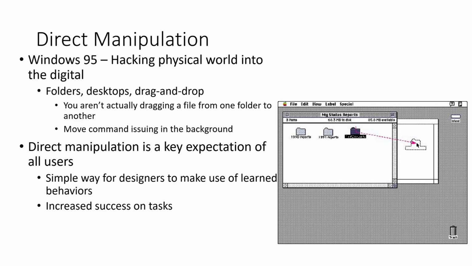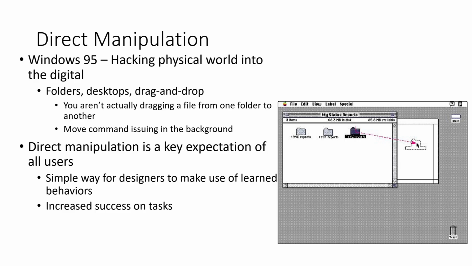A desktop, oddly, is just another location for data. And when we drag and drop files, we're not actually dragging and dropping a file. What's happening is that the GUI, the user interface, is issuing the move command in the background, which is just telling the computer to move this data over there into that different logical location.